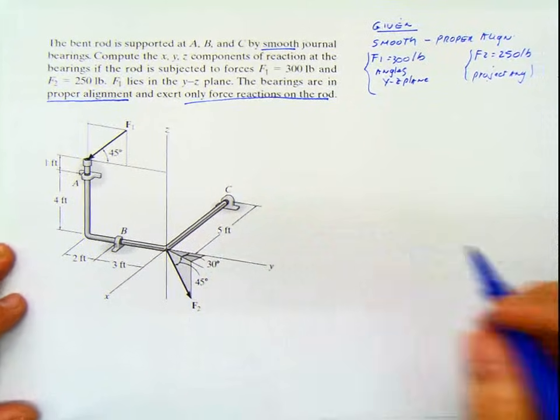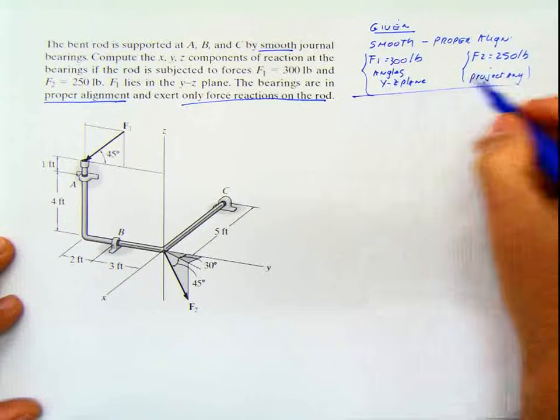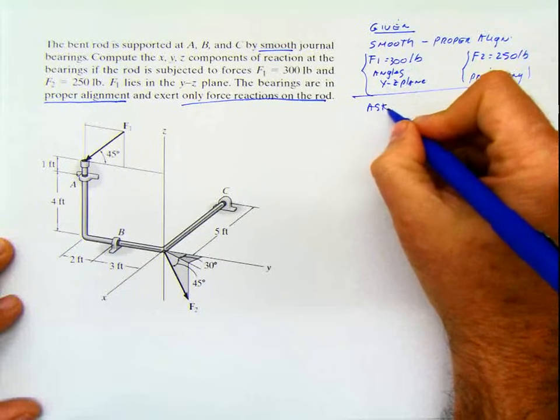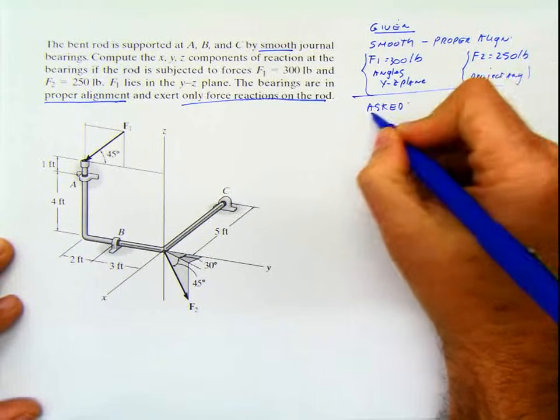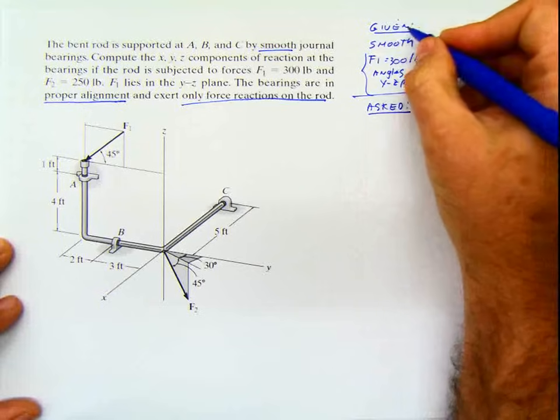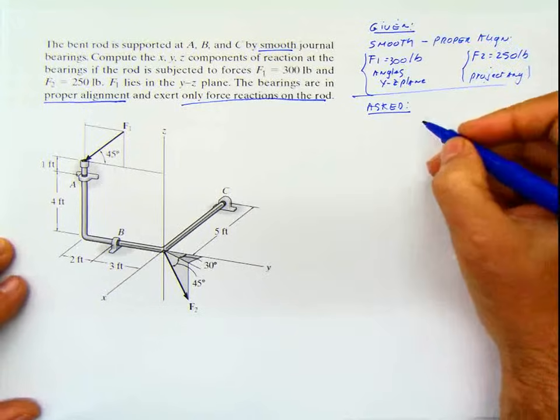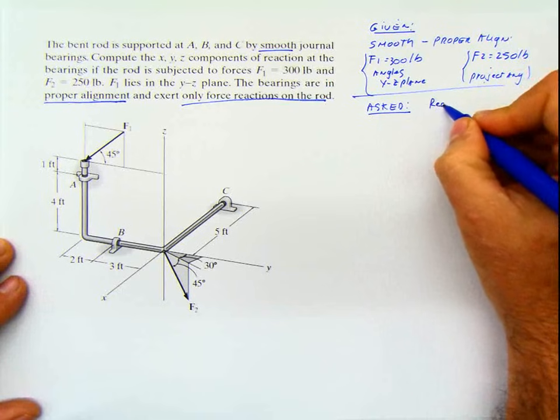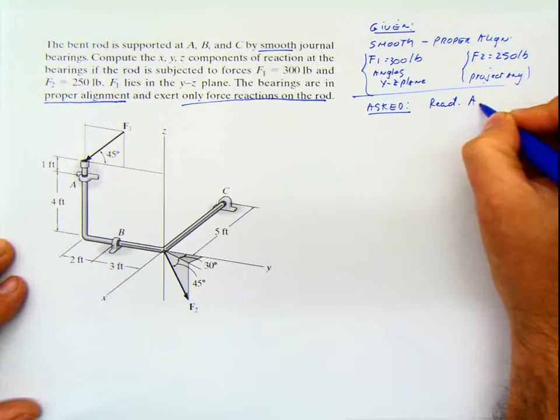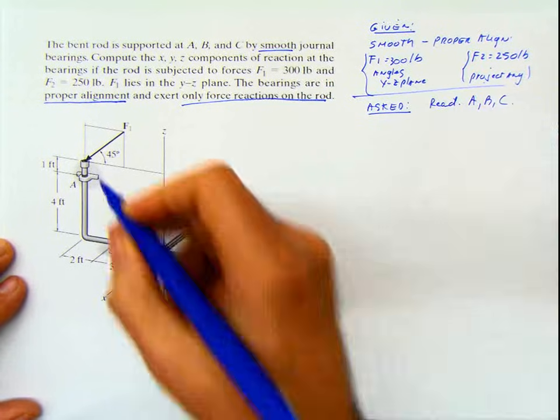So basically we have everything that we need for solving the problem. And we are asked to calculate the reactions at A, B, and C.